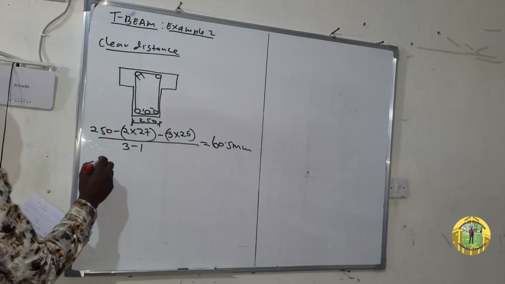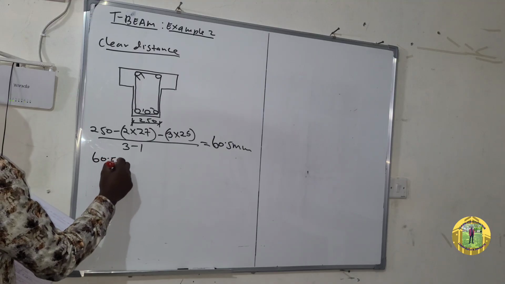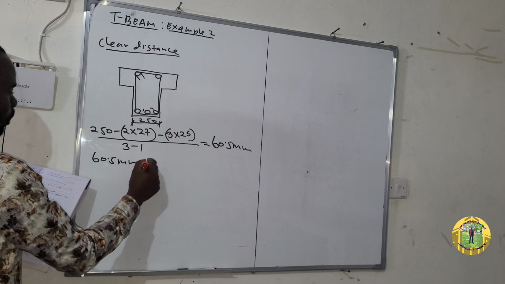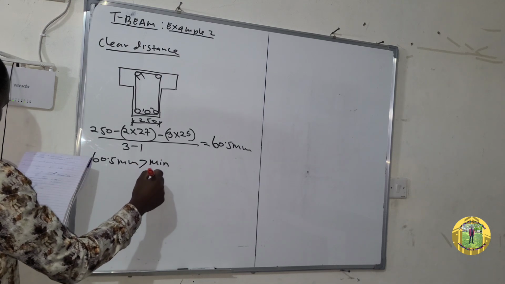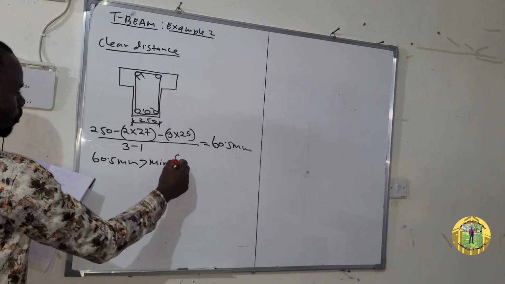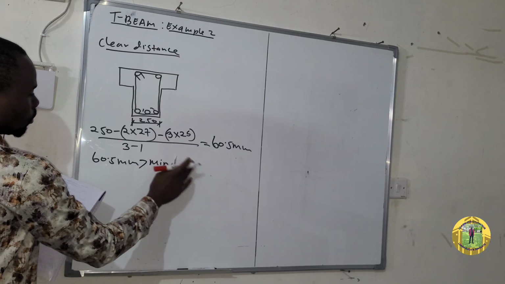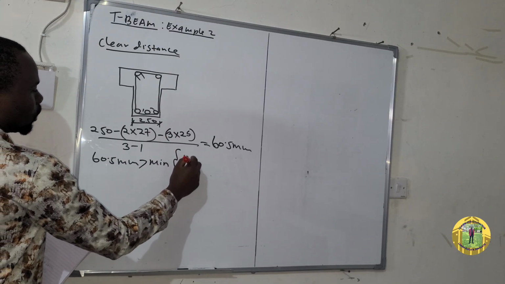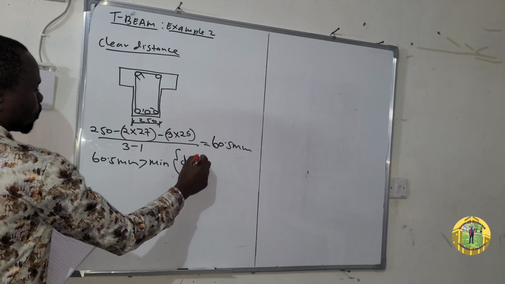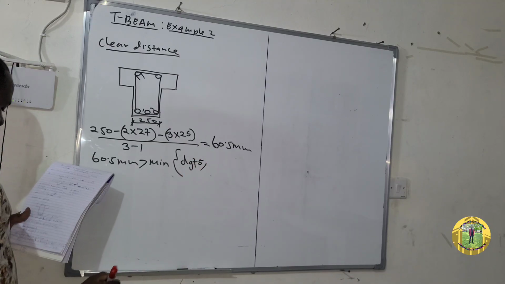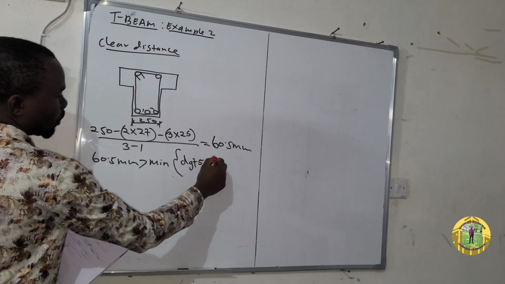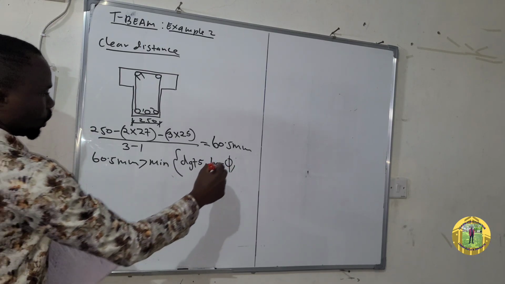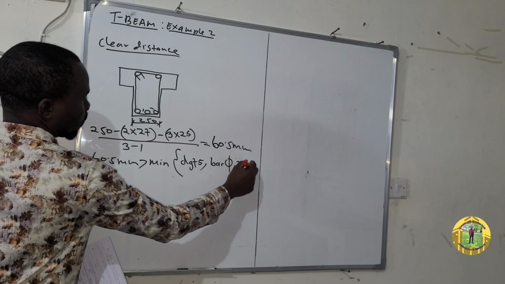Therefore, 60.5 millimeters must be greater than the minimum of the aggregate size, which is DG plus 5, and then the bar diameter, and then 20 millimeters.